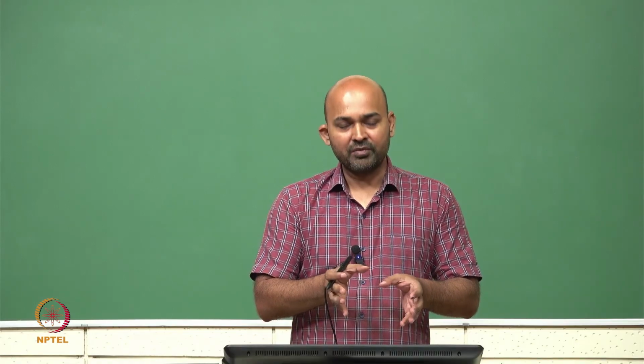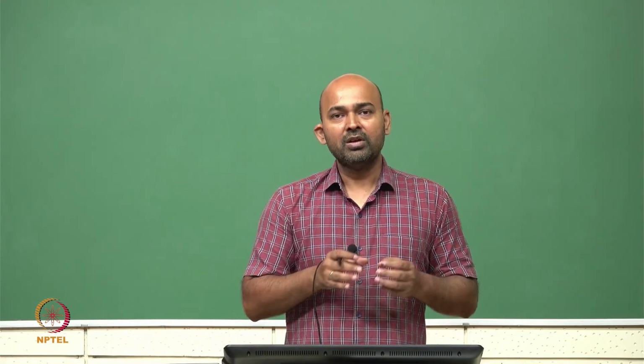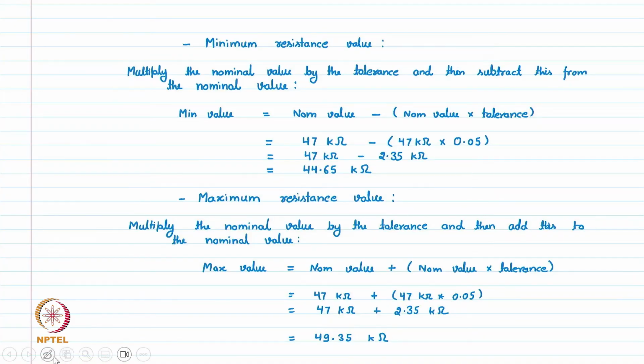Here we are confined to 4 color bands. However, for the precise tolerance, we may go for 5 color bands. We can see in the next slide. So, we can have 5 bands. So, we can go for 5 band resistors.